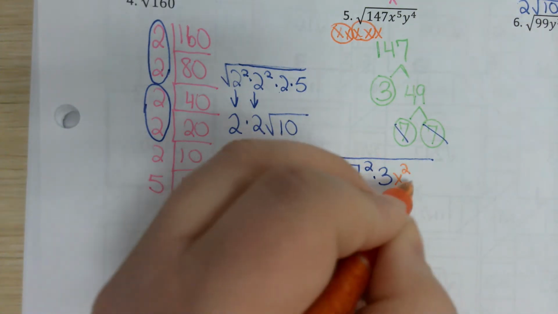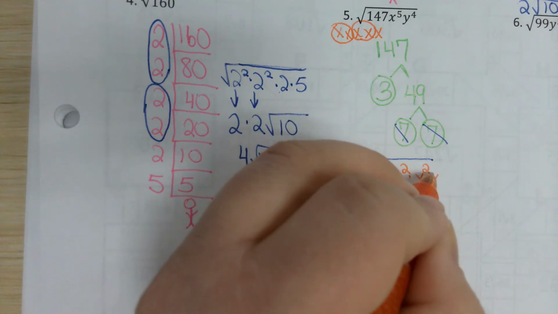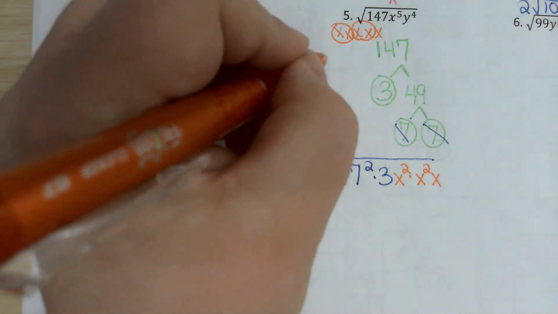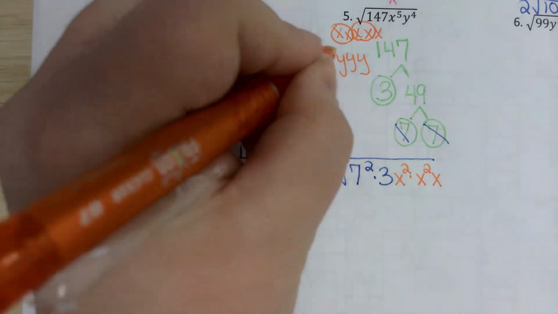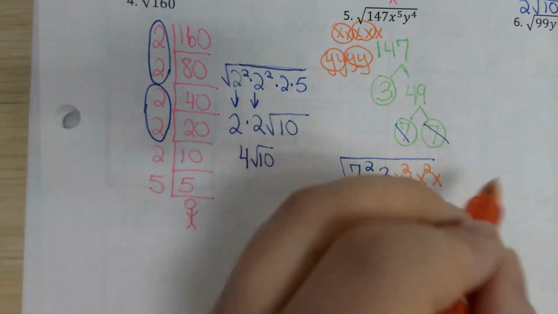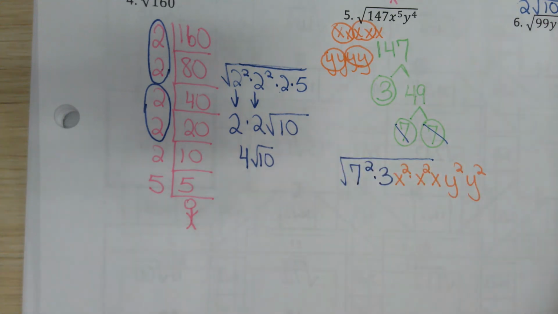So there's an x squared, and x times x, x squared. And there was 1 x left over. Now we'll do the y's. Y to the 4th means that there are 4 y's. Pair them up, and I get y squared and y squared with none of them left over.